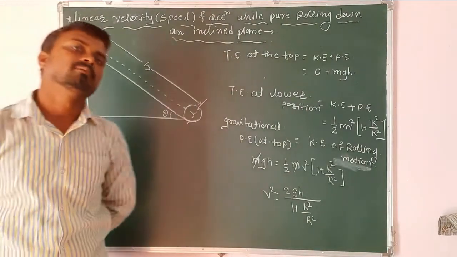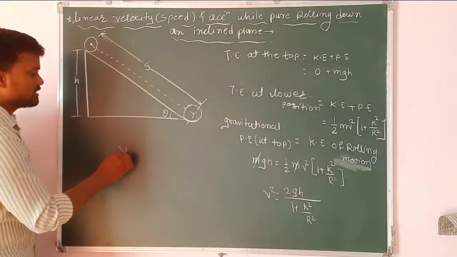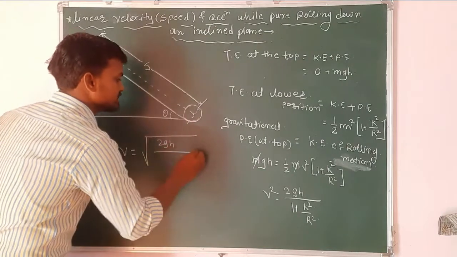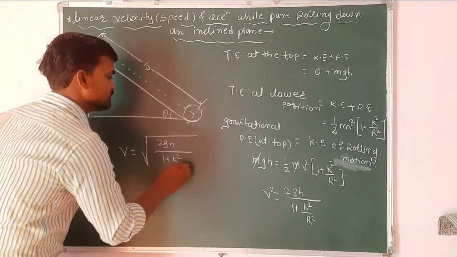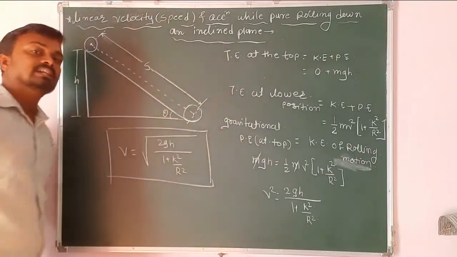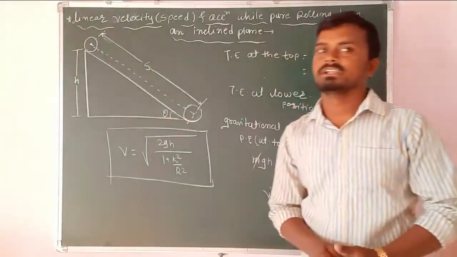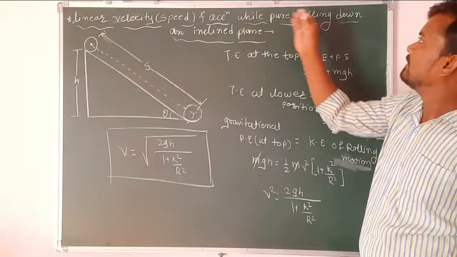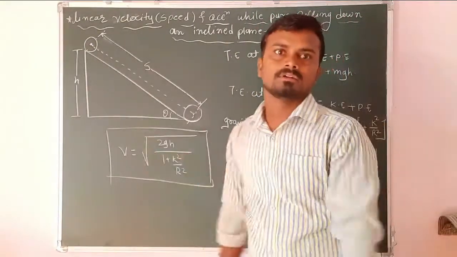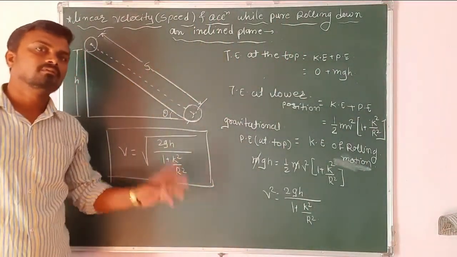If we take a square root on both sides, then the equation becomes v is equal to square root of twice gh upon 1 plus k square by r square, and this is the expression for linear velocity of an object which is rolling down over the inclined plane, or linear velocity while pure rolling down. Pure means without friction. The object is rolling down without friction. This is the expression for linear velocity of rolling motion.